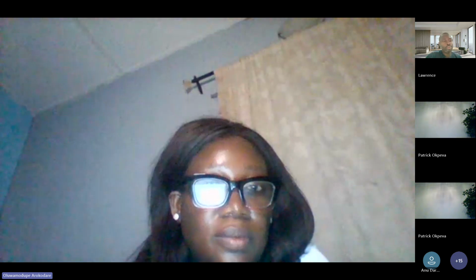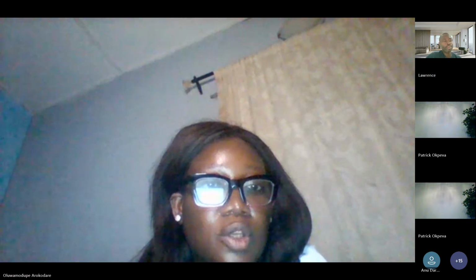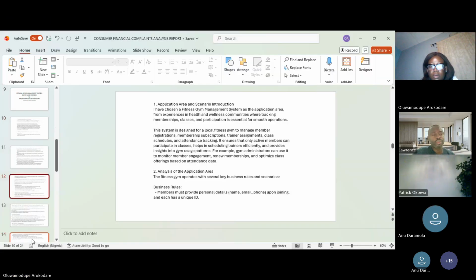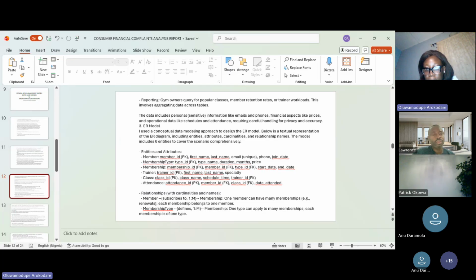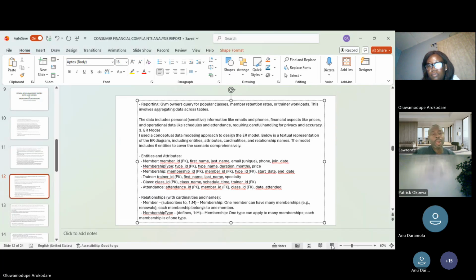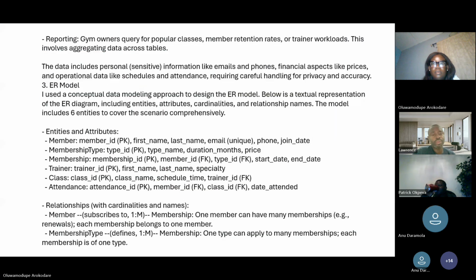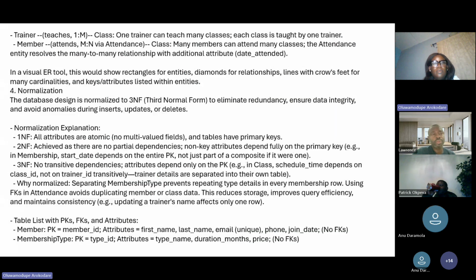Can you see it now? Yes, we can see it. You can use F5 so that we can see it in full. Okay, it's okay now.